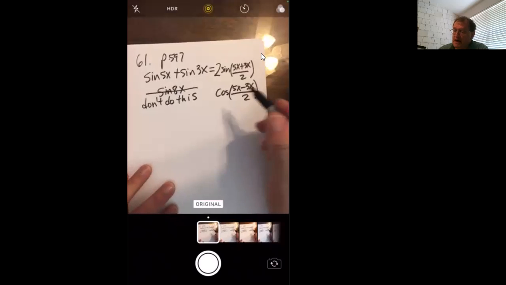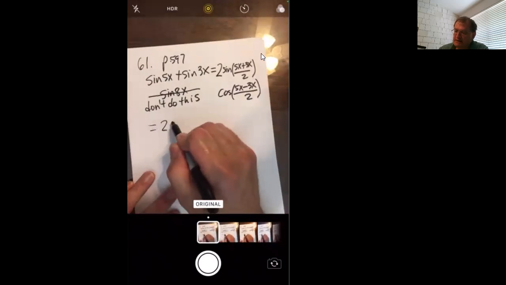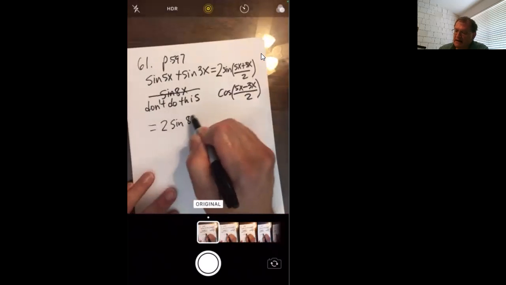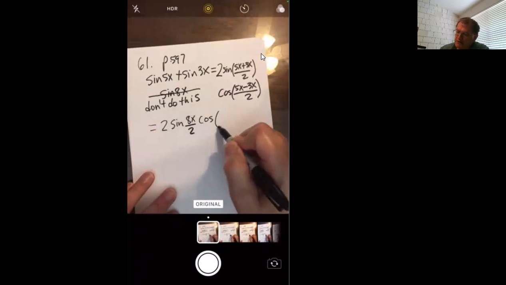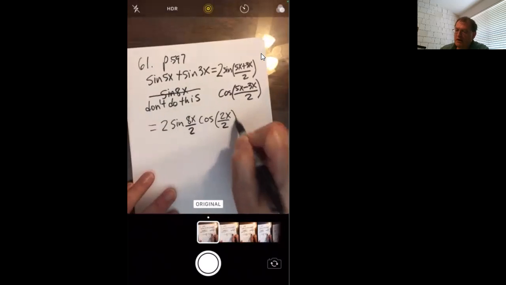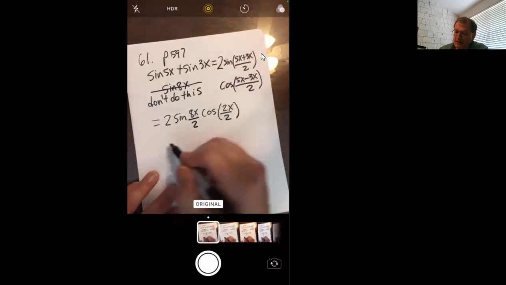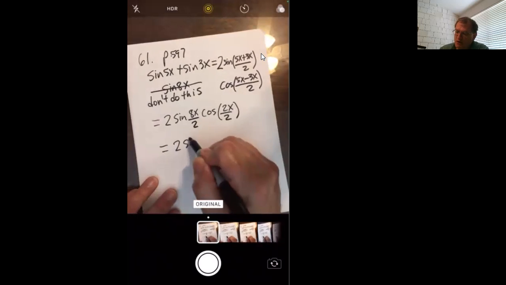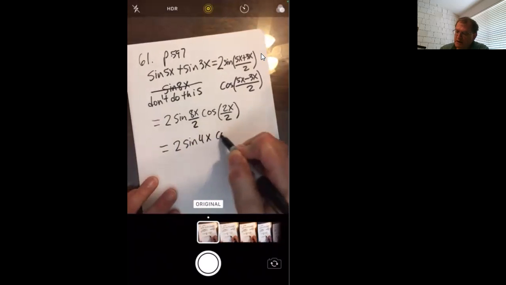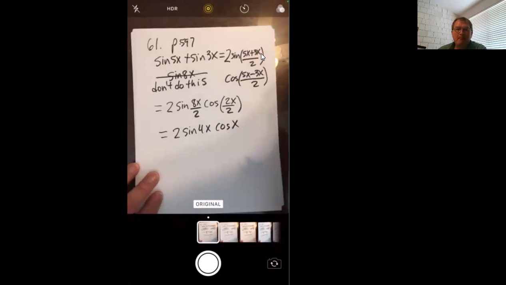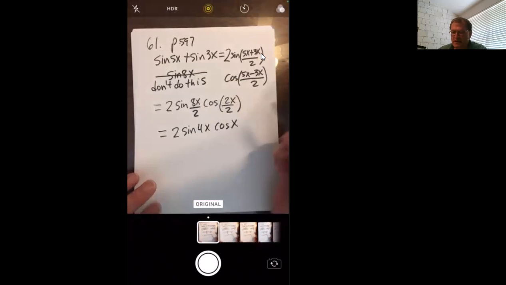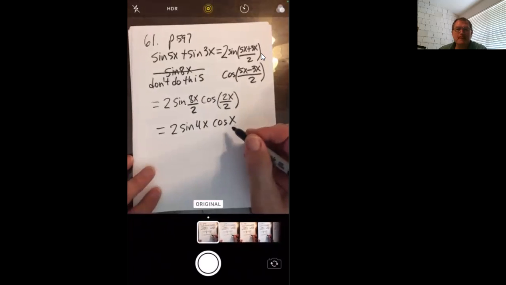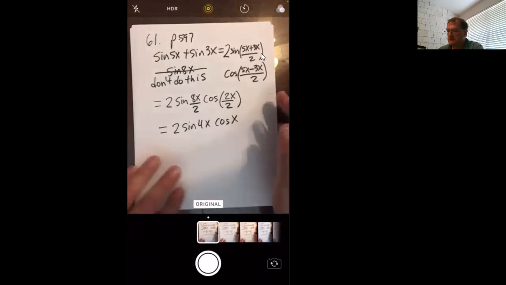Hope y'all can follow that. Twice a sine of 8x divided by 2, cosine of 2x divided by 2. You can simplify both of these. Twice a sine of 4x, a cosine of x. 8 over 2 is 4, and 2 over 2 cancels. Questions about that?